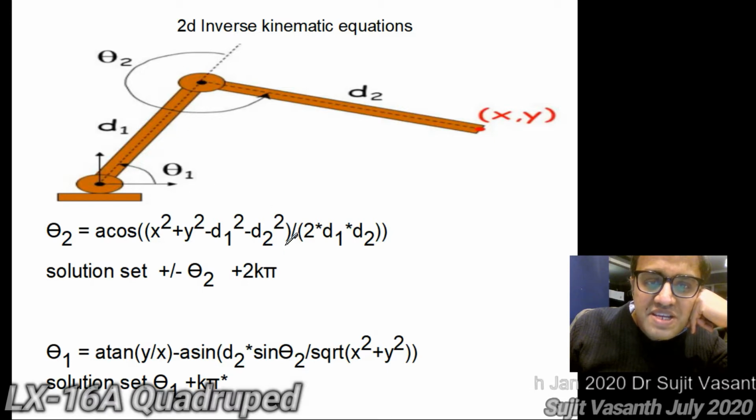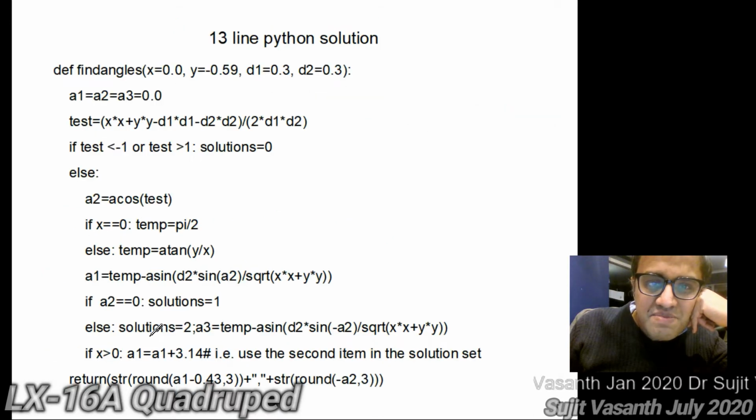You can use algebra to calculate the values of theta 1 and theta 2 for a given value of x and y with these limb lengths of d1 and d2. And this can be converted into a programming computational script. And here's my version, which I've written in Python.